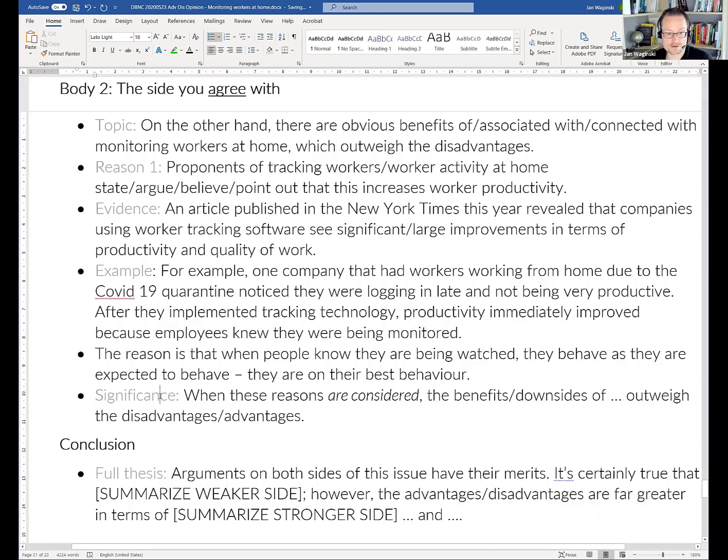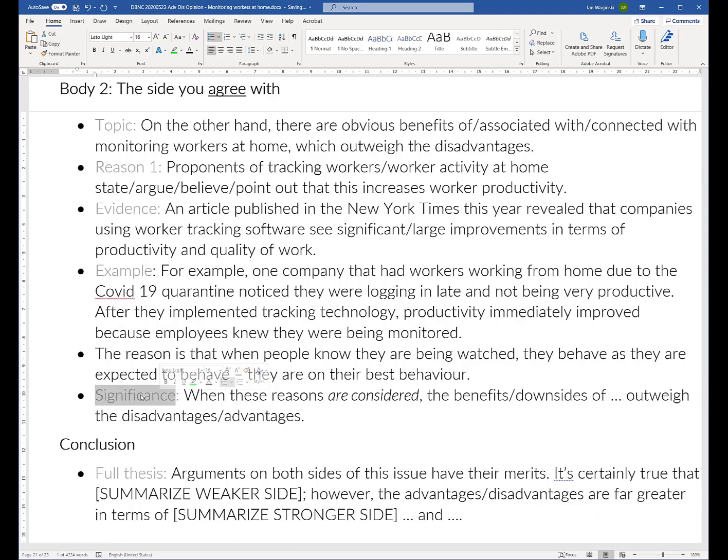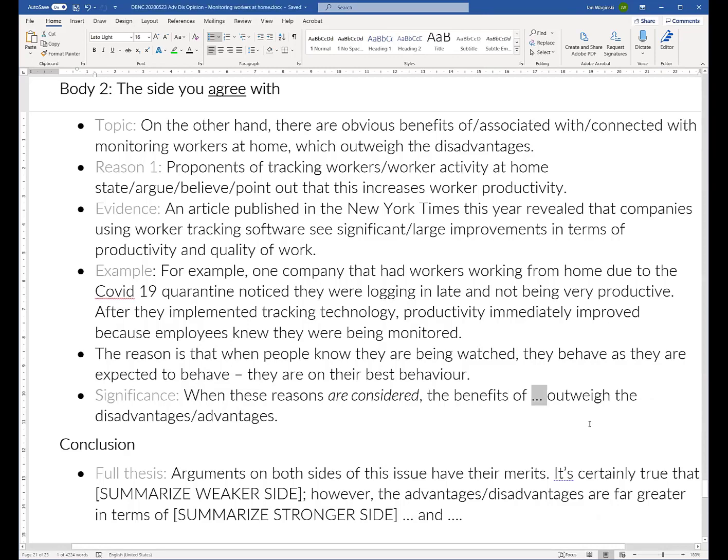Last sentence in the paragraph. Okay, when these reasons are considered, the benefits outweigh the disadvantages of monitoring workers.